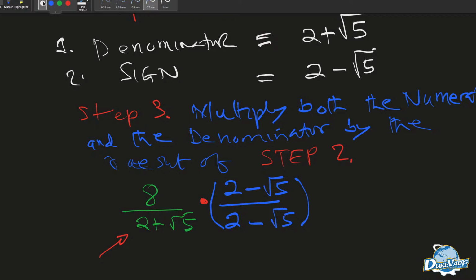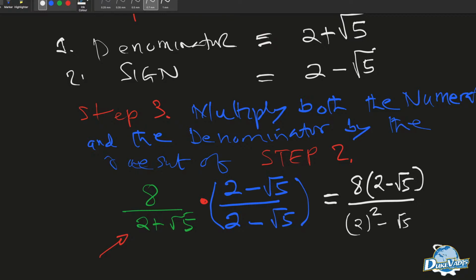The expression will now be equal to 8 into the bracket 2 minus √5, all over, don't forget our rule, 2 squared minus √5 squared.